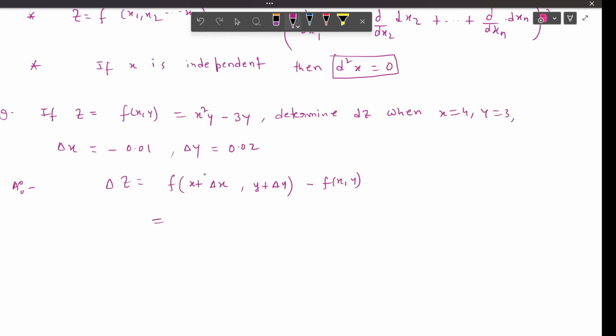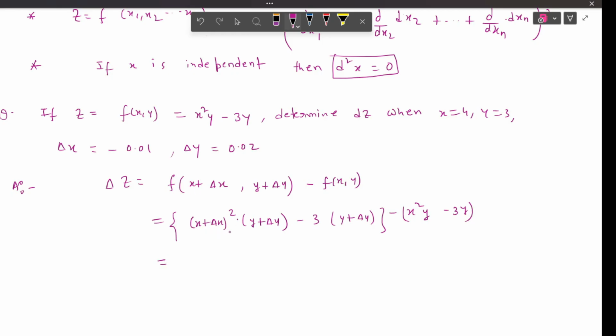So in place of x we have to write x plus delta x, and in place of y we have to write y plus delta y. So if we substitute, this would be (x plus delta x) square into (y plus delta y) minus 3 times (y plus delta y) minus f of x, y, which is x square y minus 3y.